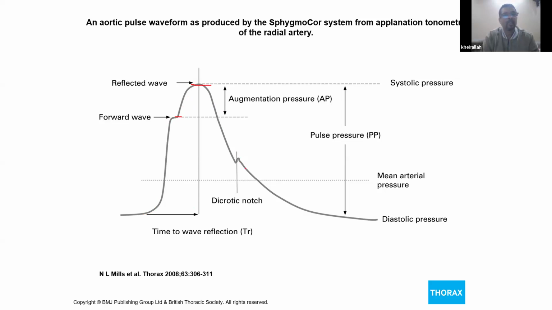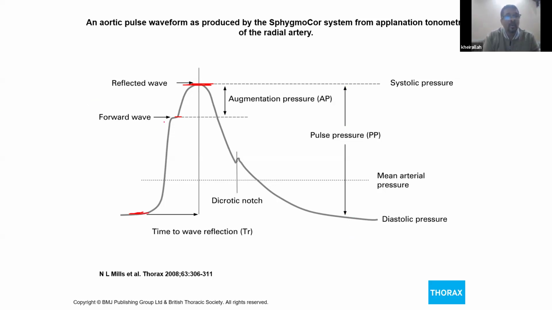And then we have the dicrotic notch, which is due to the closure of the valve. And then we get the diastolic pressure. So this peak is the systolic pressure, and this nadir is the diastolic pressure. The difference between the two is the pulse pressure.